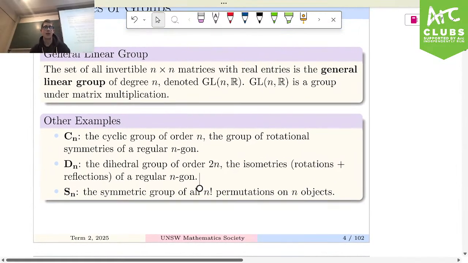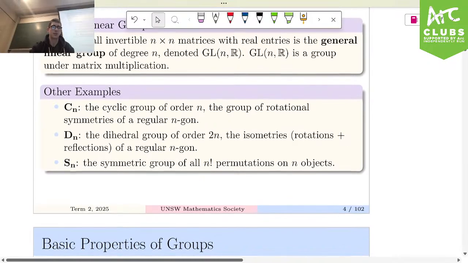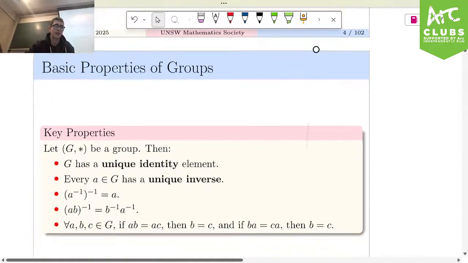If you remember a bit more of our study of groups from 2601, then you remember there's a close relationship between symmetries of abstracted mathematical objects and groups. So with the cyclic group, that's the group of all rotational symmetries of an n-gon. You can look at similar things with the dihedral and symmetric groups in terms of geometric interpretations of symmetry, rotations, isometries, and permutations.